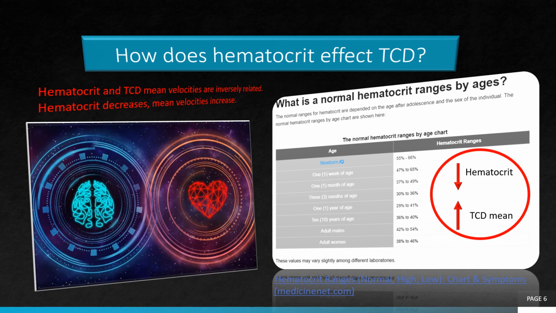These findings indicate that knowledge of the hematocrit is necessary when interpreting TCD findings in children with sickle cell disease, and probably in young patients with anemia from any cause. It is an inverse relationship of the hematocrit with the TCD mean velocities. It is a common thing to note when performing a TCD if your hematocrit is elevated or decreased.